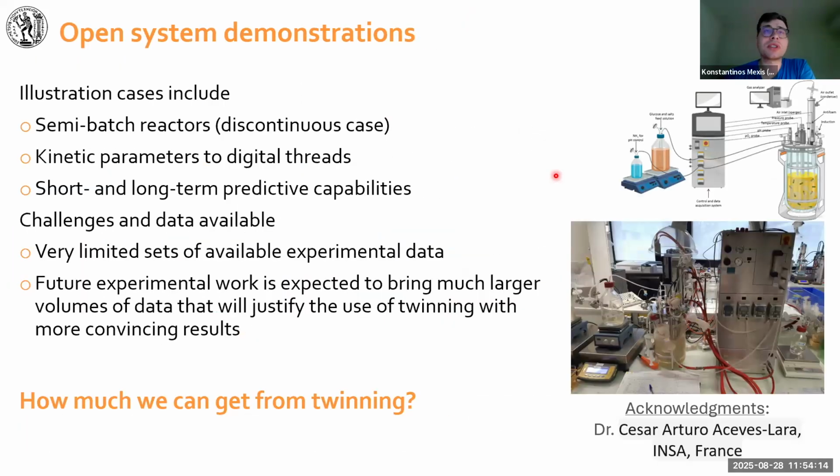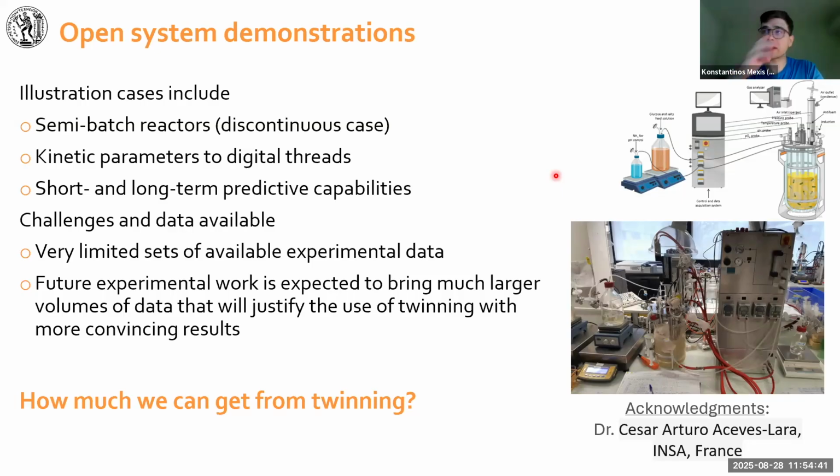So we are going to see an open system demonstration of a semi-batch reactor. We'll see how we can generate digital threads using the digital twin, and how the digital twin offers short and long-term predictive capabilities.